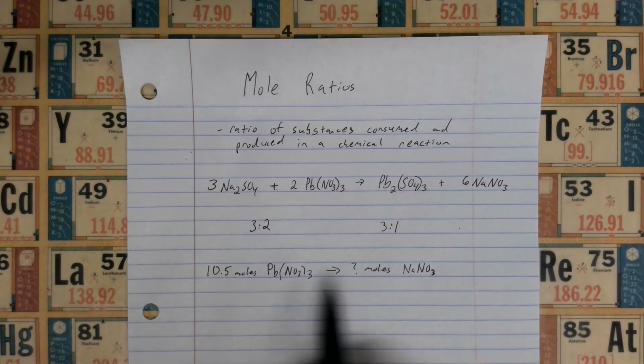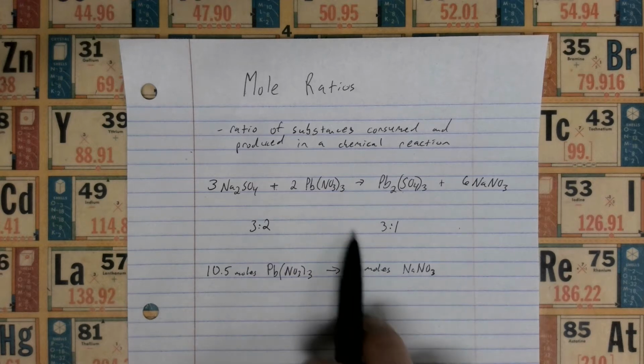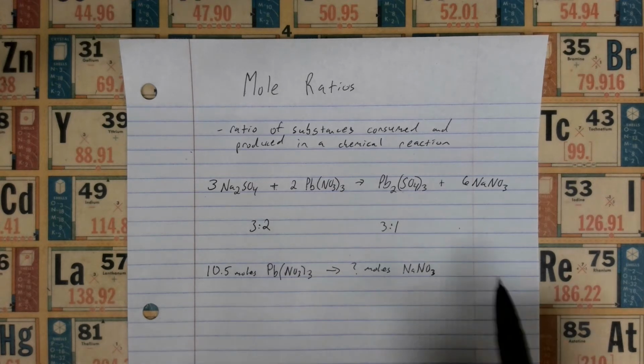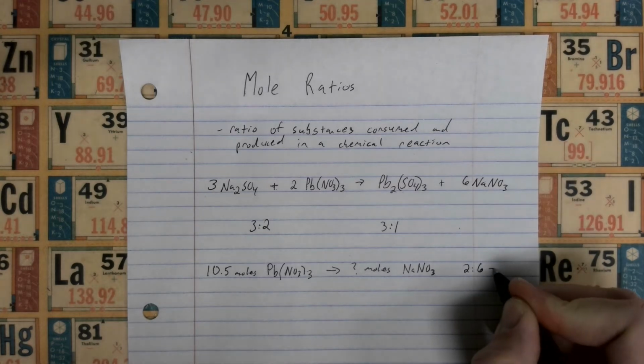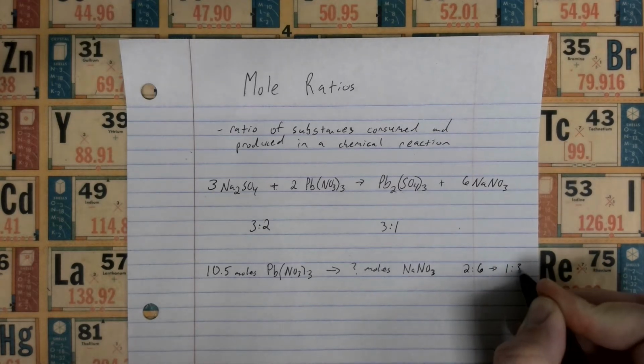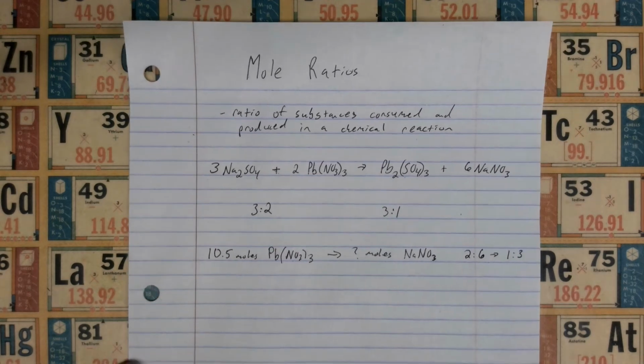First of all, I have to figure out the ratio between these two. The ratio between this one and this one is a 2:6 ratio, which can actually be reduced. You don't have to, but that's the same thing as a 1:3 ratio.